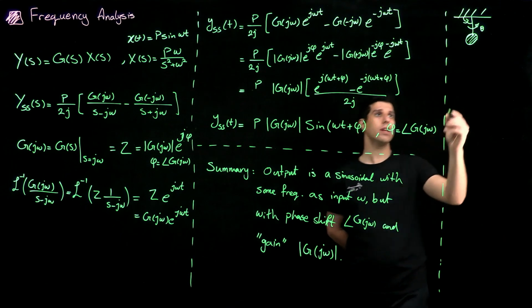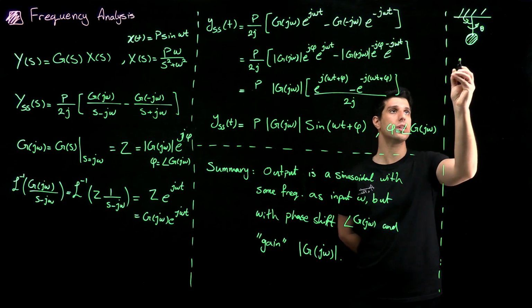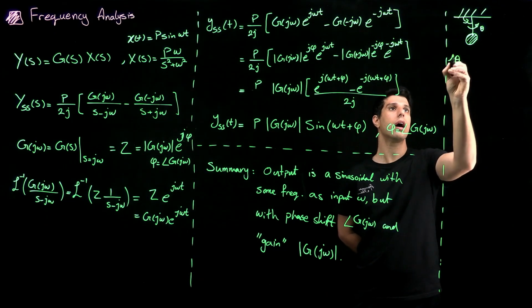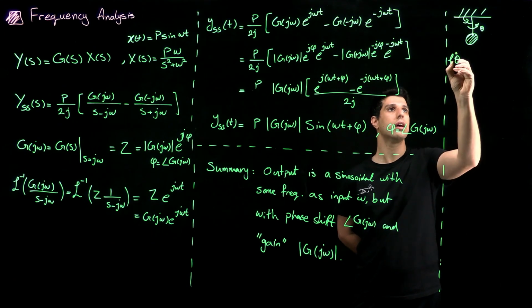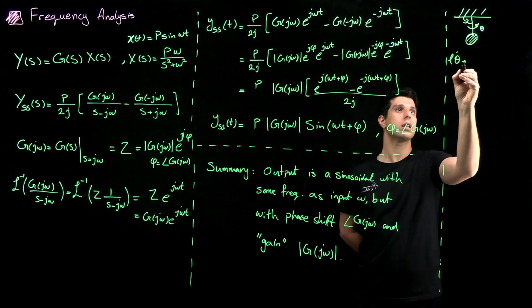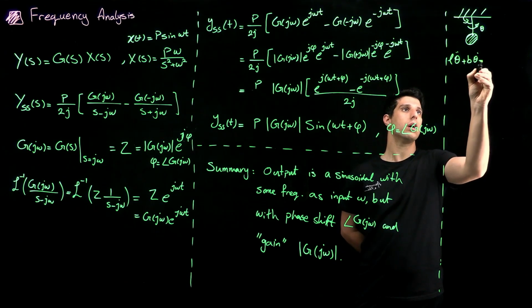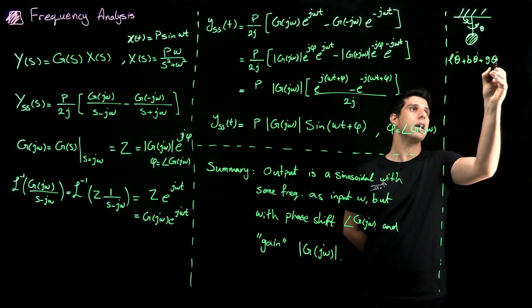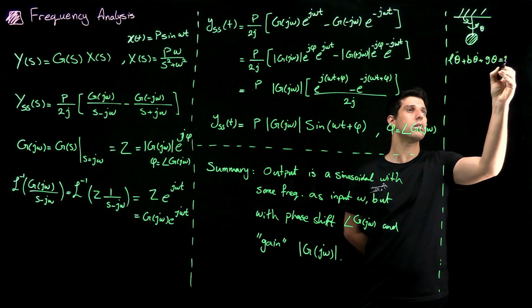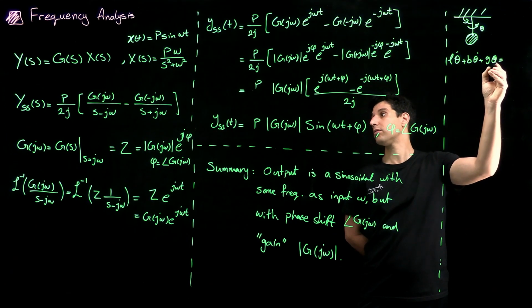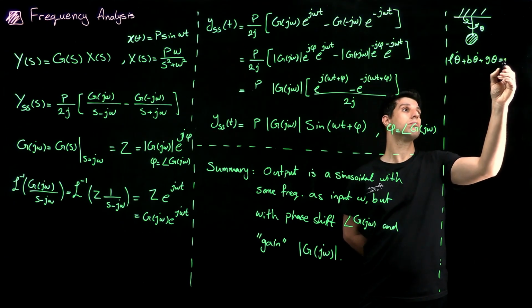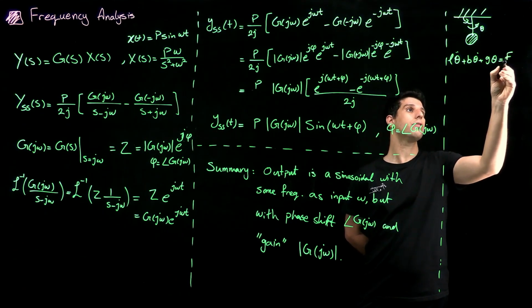So if I write the equations of motion in nonlinear form, where L is the length, I have L theta double dot plus B theta dot plus G sine of theta equals the input. Let's call it input F, whatever.